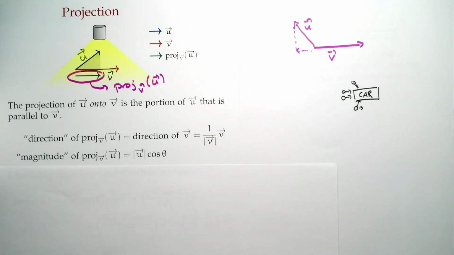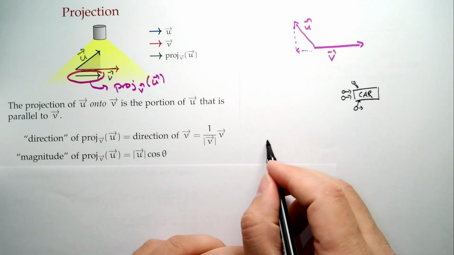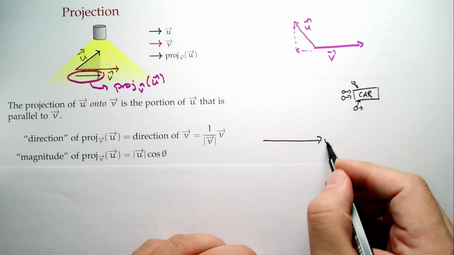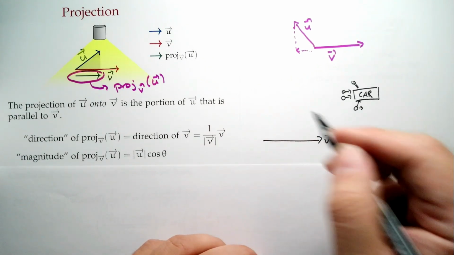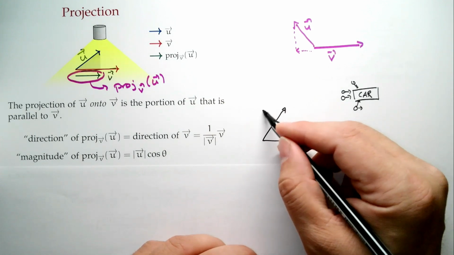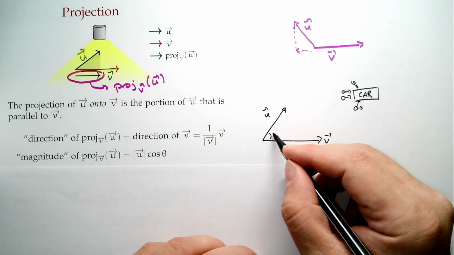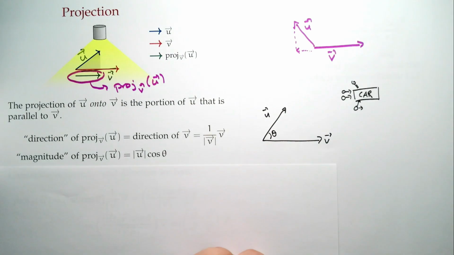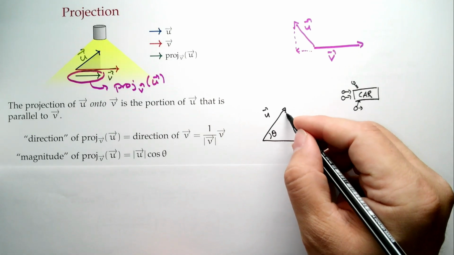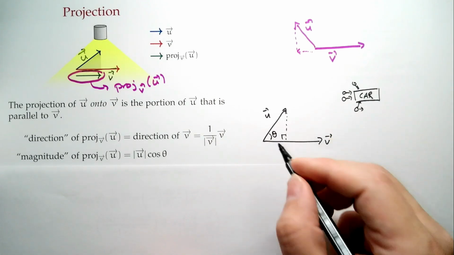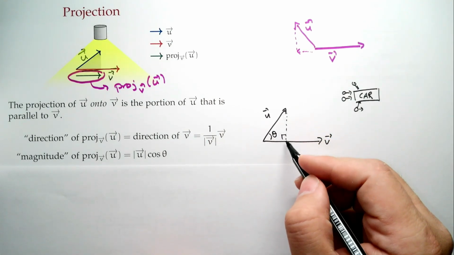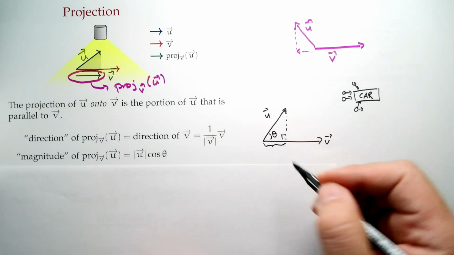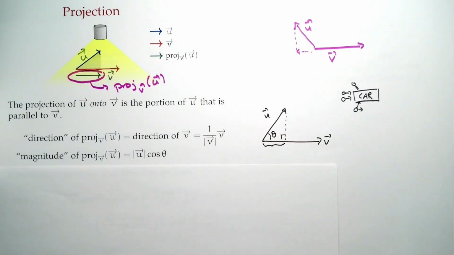Now the magnitude is maybe a little bit more subtle, but not that much. Think about what's going on here. I have this vector v and this vector u, and there's an angle between the vectors called theta, the theta that we've been talking about so far. If I'm looking for the projection, it's like I drop down a right triangle and want to measure the length of that side.